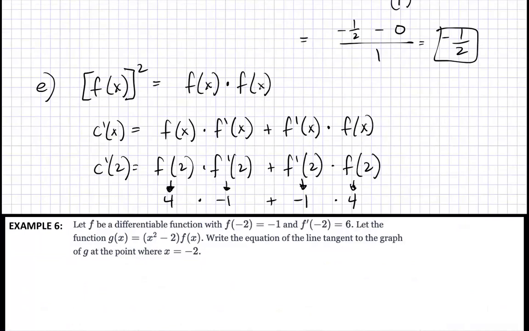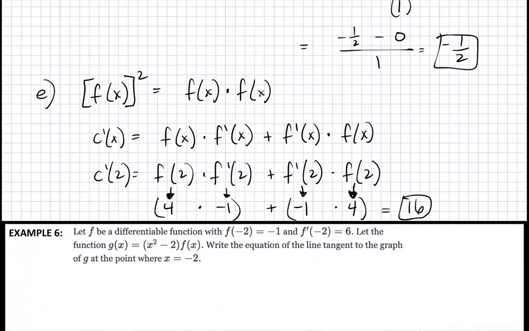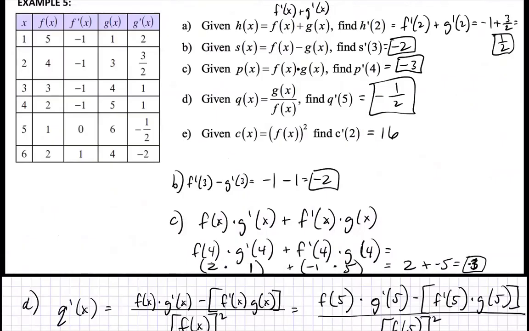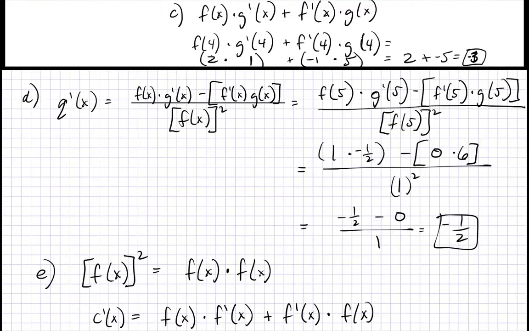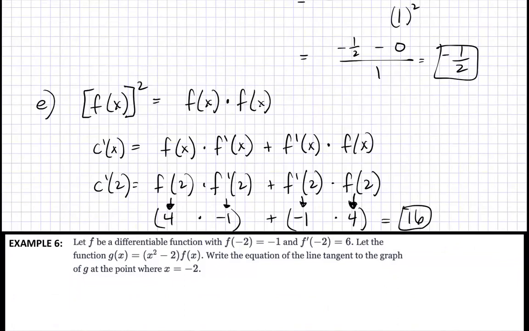Multiply them together, add them together. So we get, what is that? -4 times -4, +16. Okay, so that's tables. So if they give you a table, that's what you're going to do.